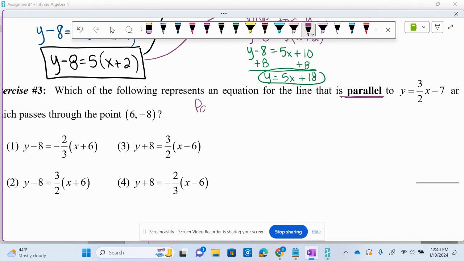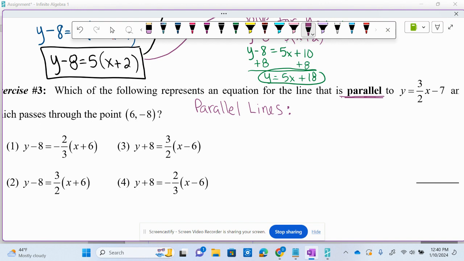I want to make sure you remember things about parallel lines. What do we know about parallel lines? They have the same slope. Yeah, good job.